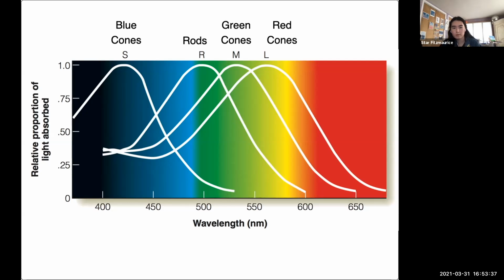Well, I was thinking about natural colors, and then I was also thinking about how we have so many more rods than cones, and I thought that maybe there might have been a potential relationship between the number of rods in relation to environmental colors and surroundings in a sort of historical way.